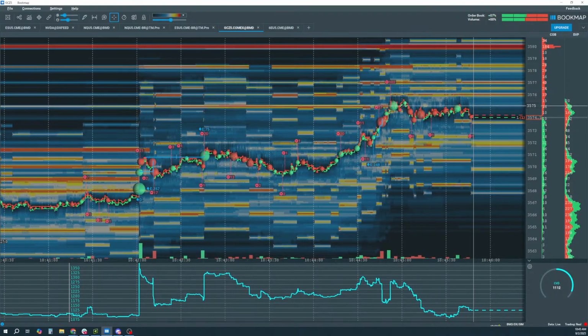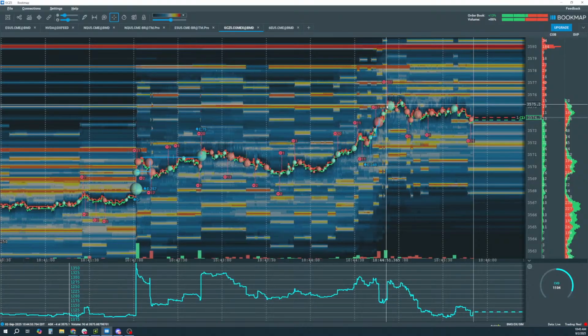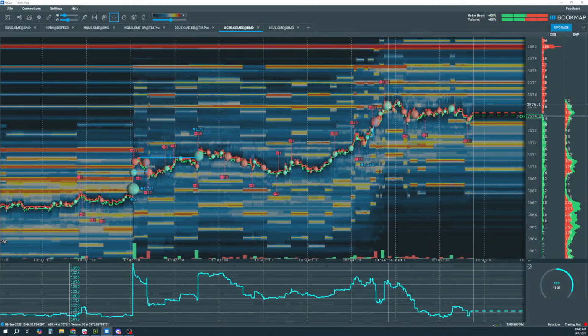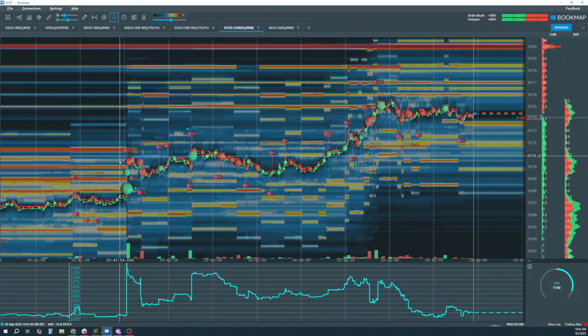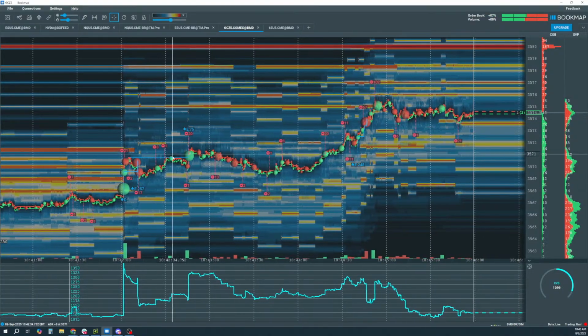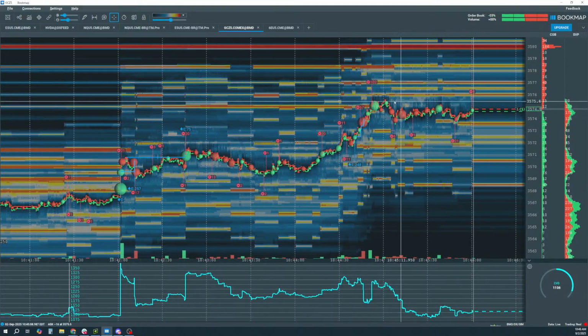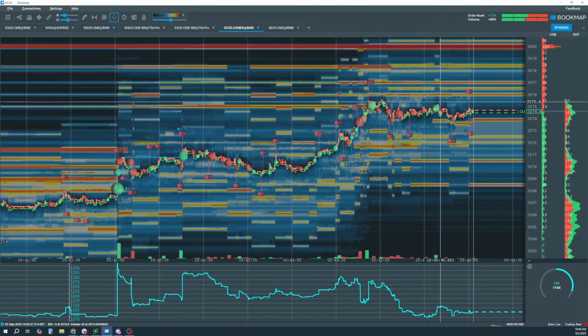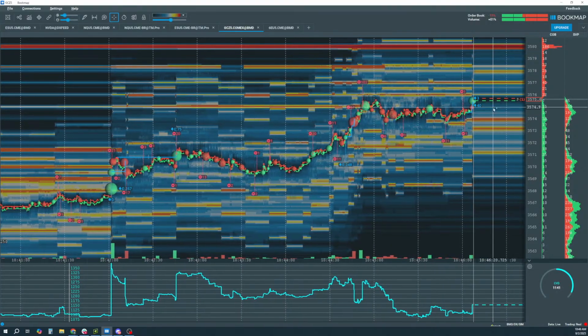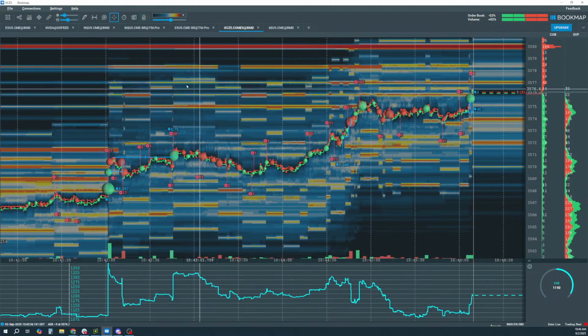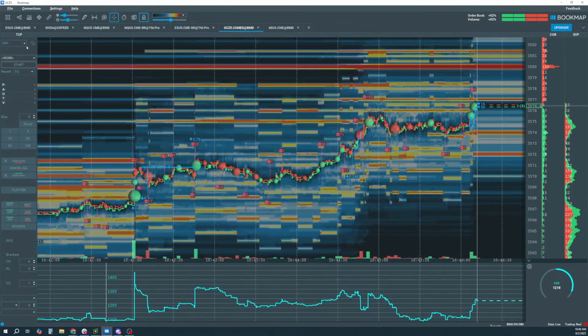It turns into like a high volume node for the most part, like it did here and like it is right now here. Okay, and then we're just seeing more and more buyers here climb to the top here.